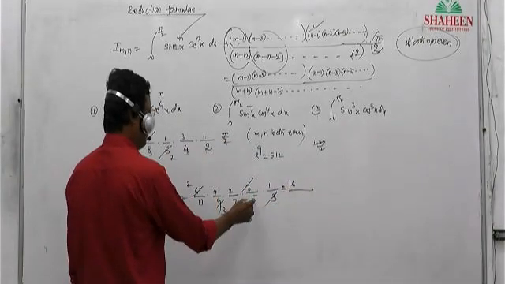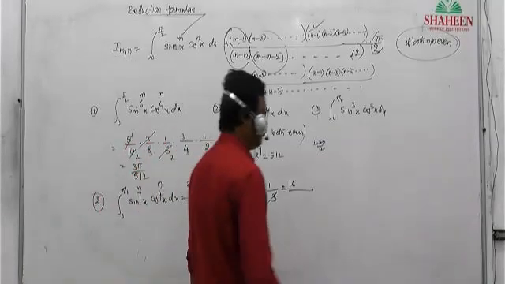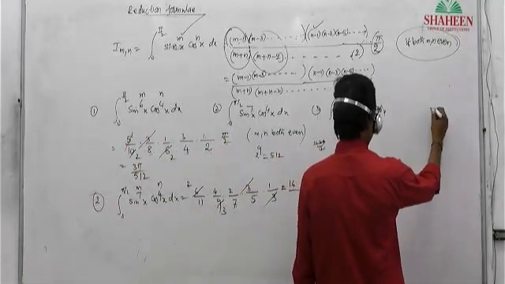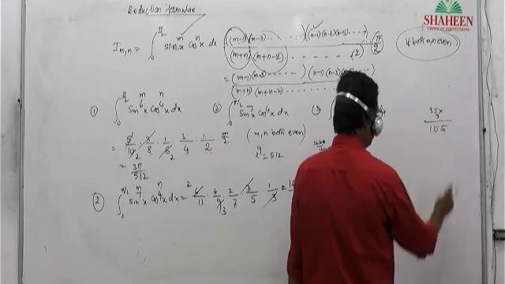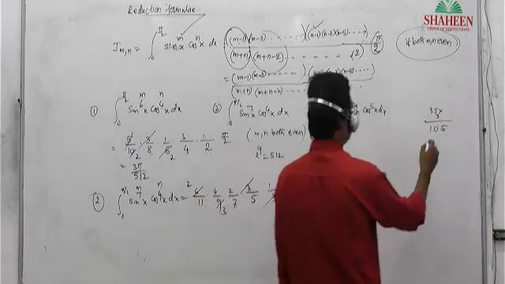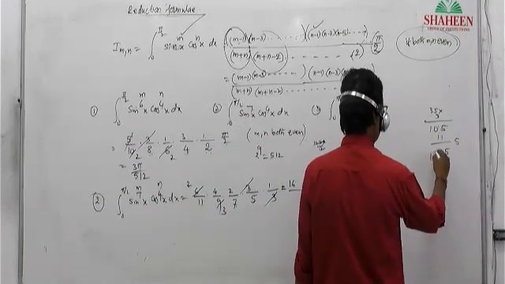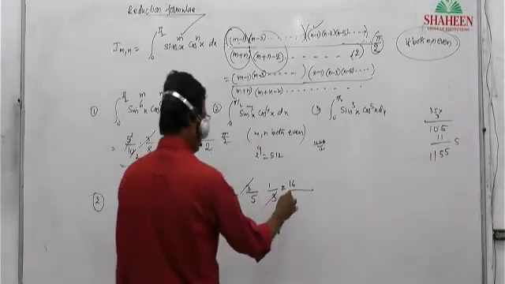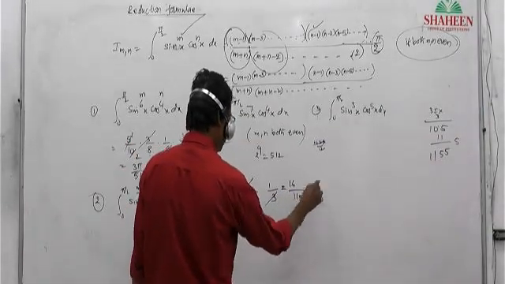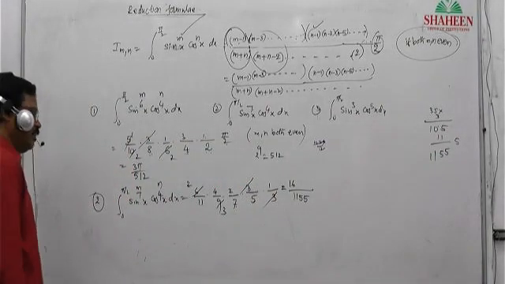Now 7, 5 is 35. 35, 3 is what? 105. 105 into 11. Right, 1155. Therefore, this is our answer. Check for any calculation difference.